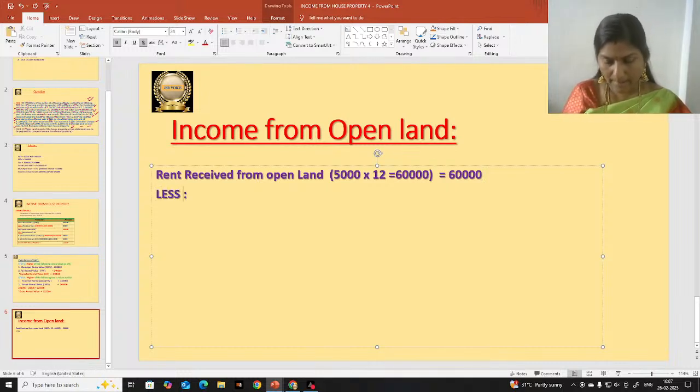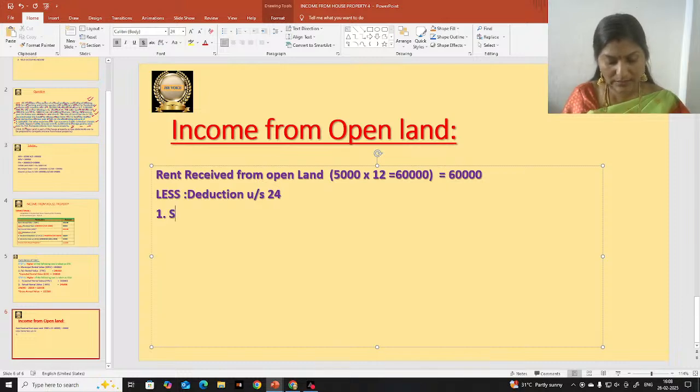Less: deduction under section 24. Okay, so what deduction can he avail? Only one deduction. What is the deduction? That is the standard deduction.